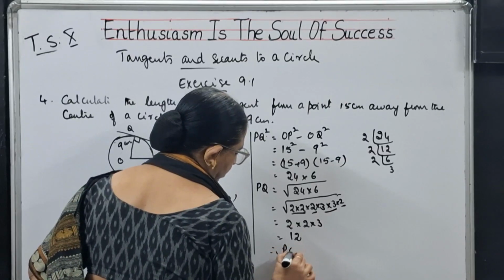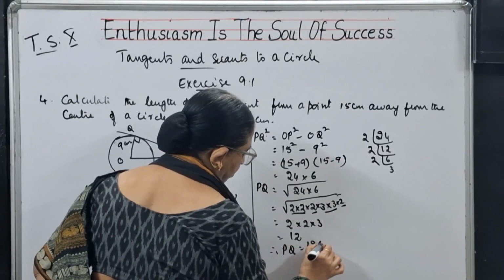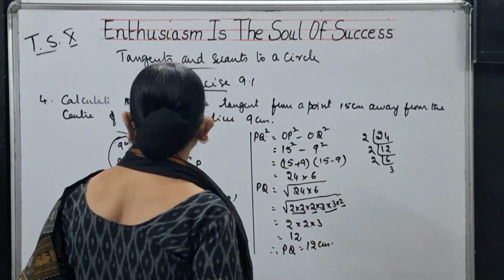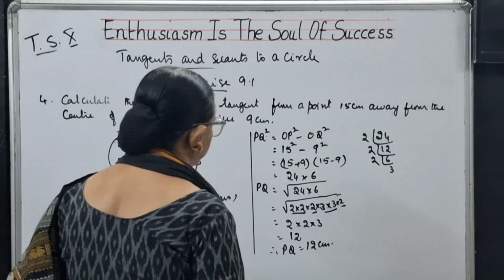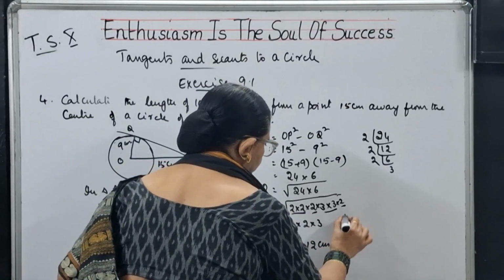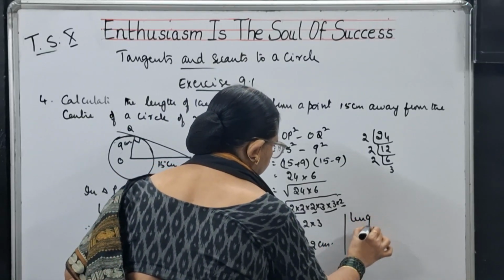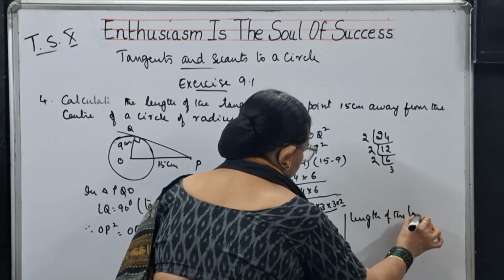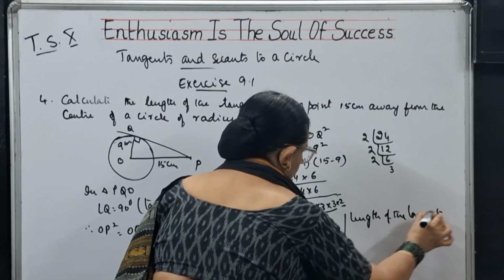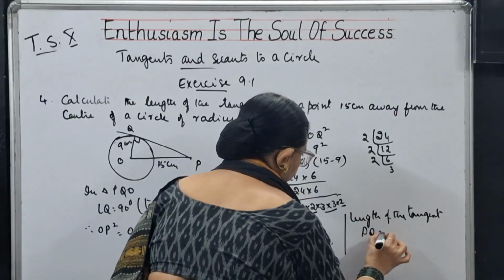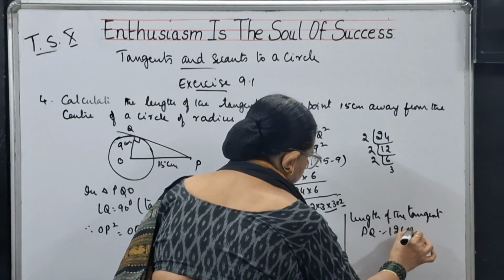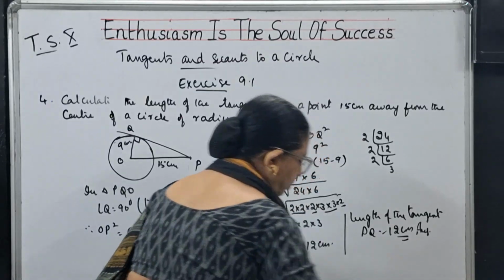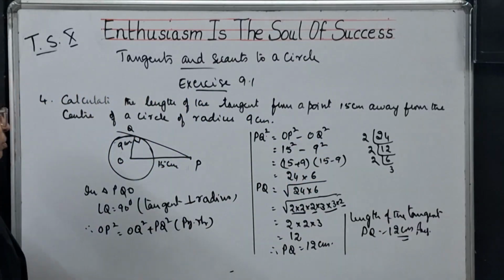Therefore PQ is equal to 12 centimeters. He is asking to find the length of the tangent, so tangent PQ. So the length of the tangent PQ is equal to 12 centimeters is the answer. So please note it down. This is the fourth problem, children.